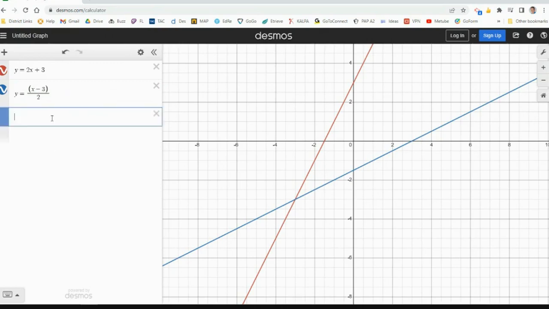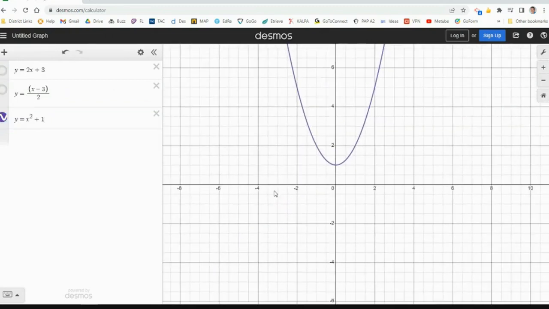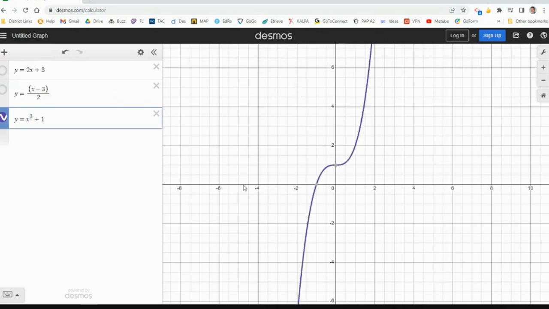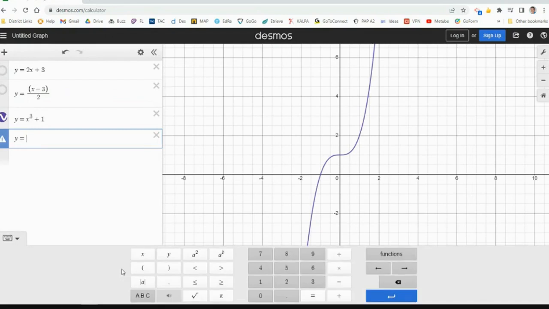Let me put our second problem that we had on there, and we'll look at those two. Y equals x squared plus 1. Let me turn these off for a second. Oh, it was x cubed. I'm sorry. X cubed plus 1. And then the other one we had was y equals the cube root.